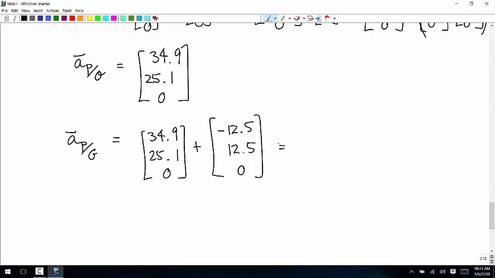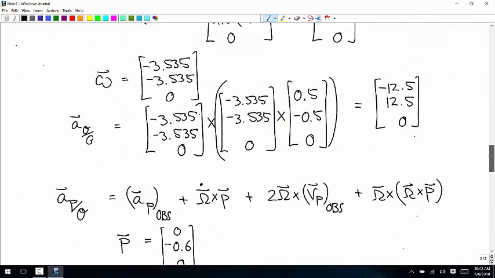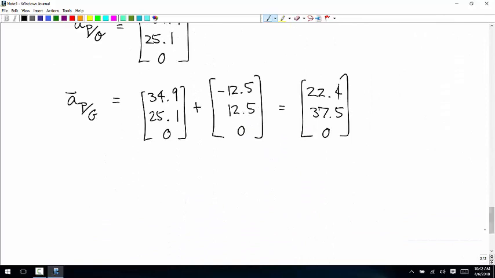And so what's that? 37.5, 0. And does that match what we got in the last one, I hope? Yay! Okay. And then rotate the coordinate system, and you get that the acceleration of P is equal to negative 10.7, 42.4, 0.